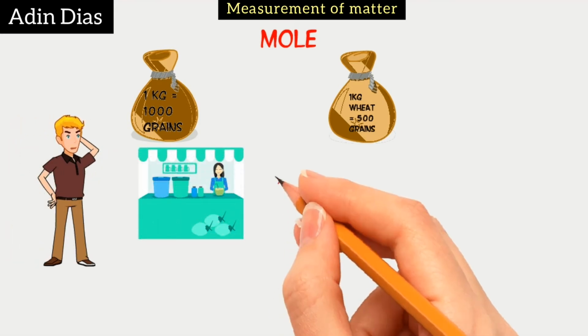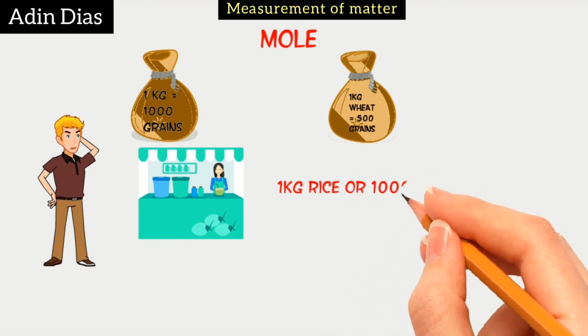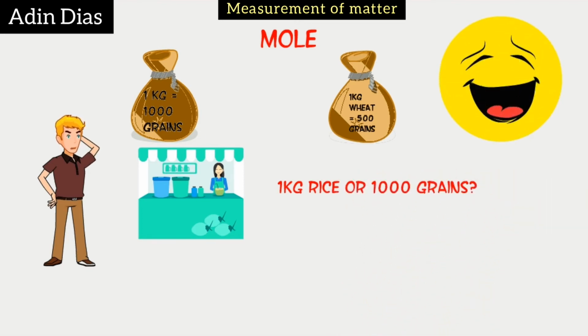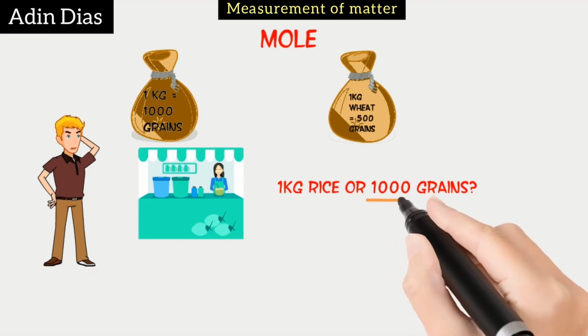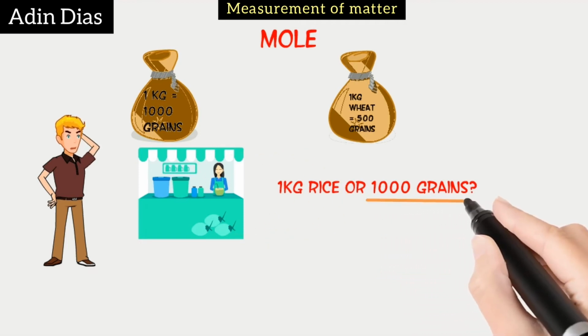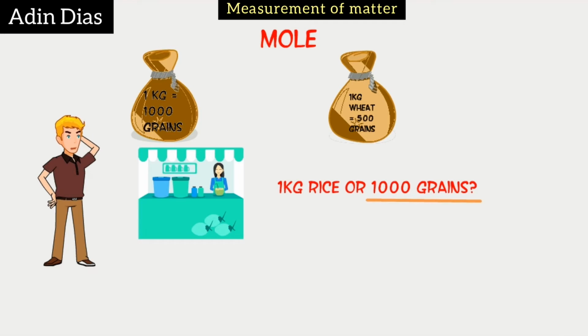Would he say, "Give me 1,000 grains of rice," or directly 1 kg rice? This is so funny. Obviously he will tell the vendor to give him 1 kilogram rice, as he already knows that it will contain 1,000 grains. Dave is not going to sit there and count all the grains.